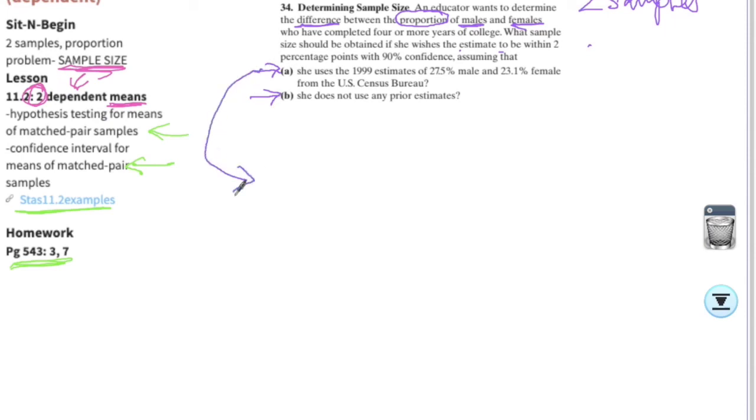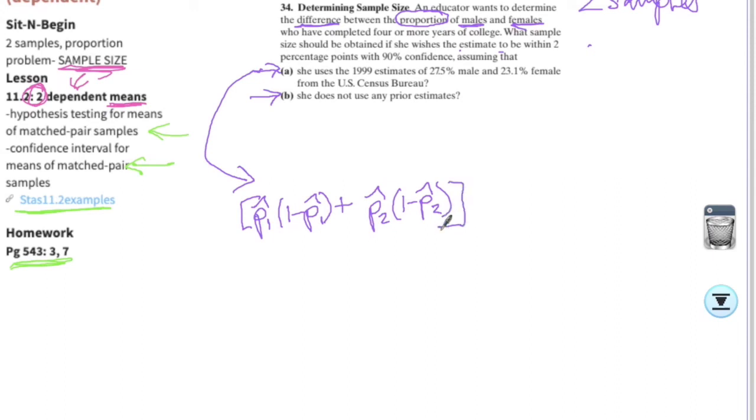Okay, and this is something that is not in your fold out. This is something you just got to commit to memory. The formula for figuring out sample size, if you are given prior information, starts off with you looking at the proportion from your first sample, and taking the proportion of that not happening, and then you add it to the proportion from your second sample times the probability of that proportion not happening, or the percentage, excuse me.